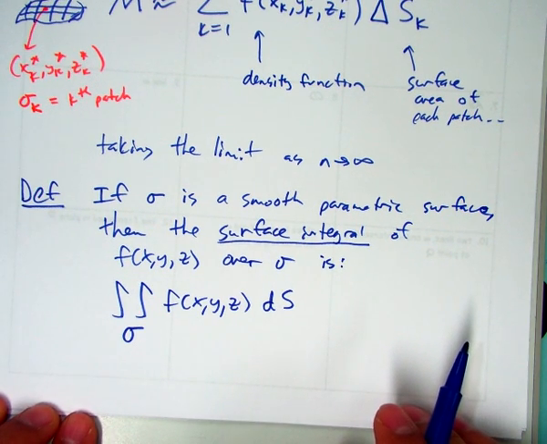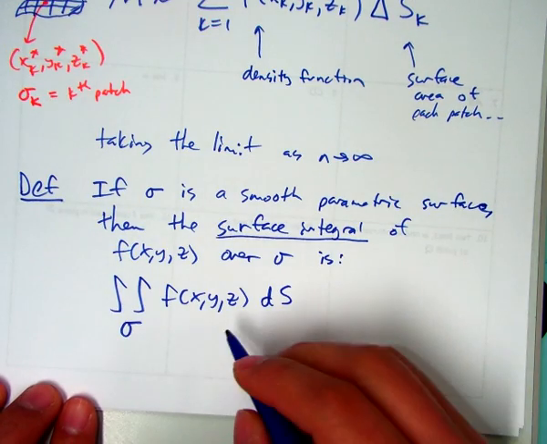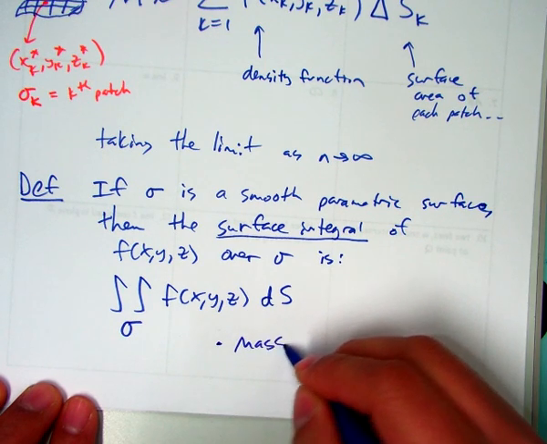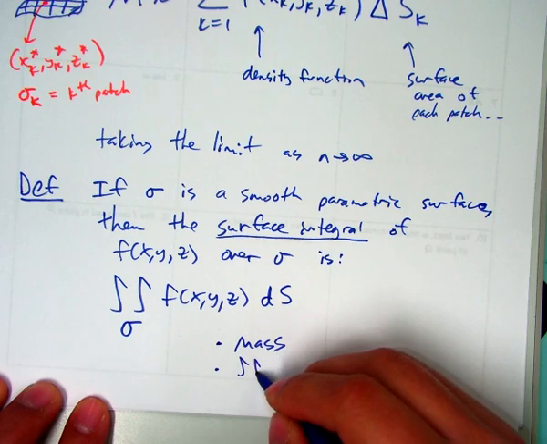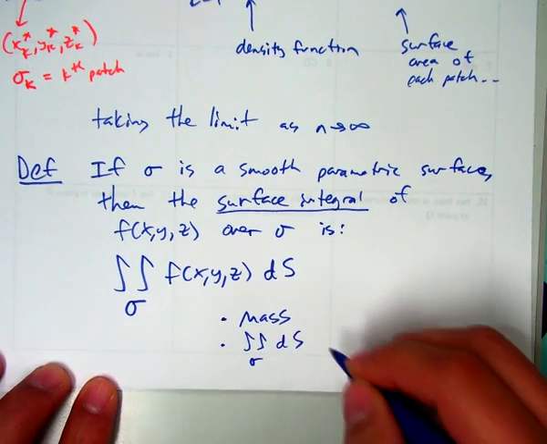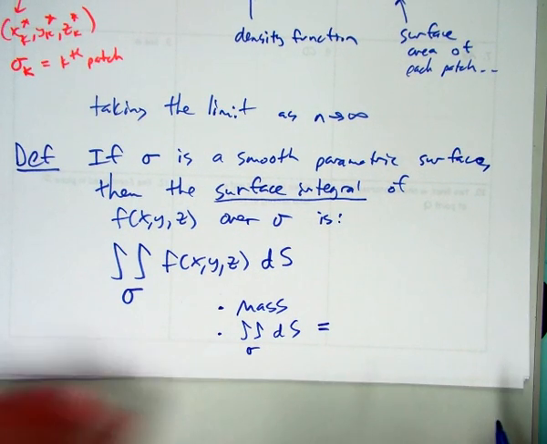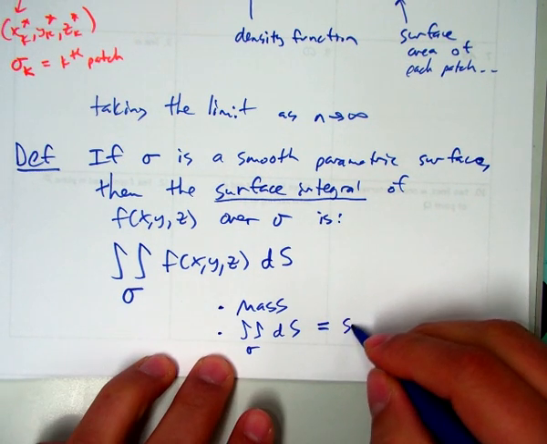Now, continuing our interpretations, one of them we already discussed. This is mass. And if we just did the surface integral without a density function, ds, what would this represent? Surface area.